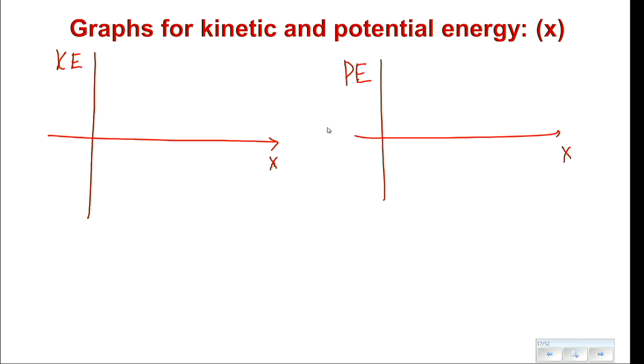Again, we can always look at our specific example. An object starts from rest, from a stretched position, and that's how it's moving. So this is exactly one period.